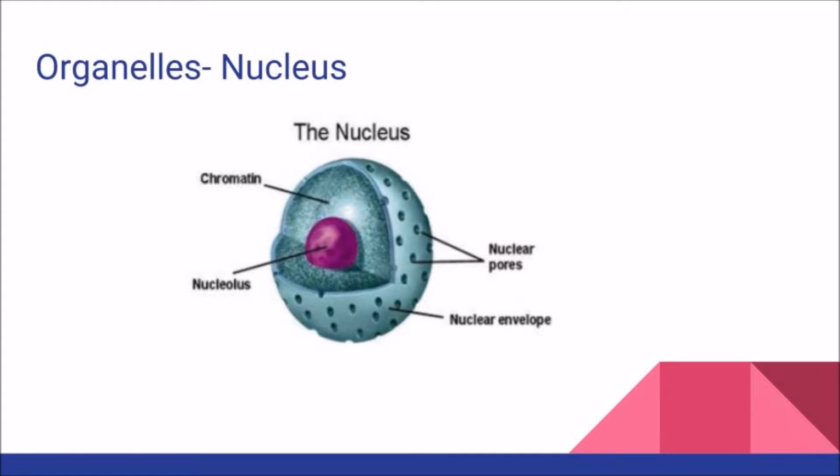That is then encased in nuclear envelope, and the spaces between each nuclear envelope are called nuclear pores, and they're used for enzymes and things to go into the nucleus and source their genetic information that they need, because it contains the instructions to make proteins, which is how the nucleus controls the cell.